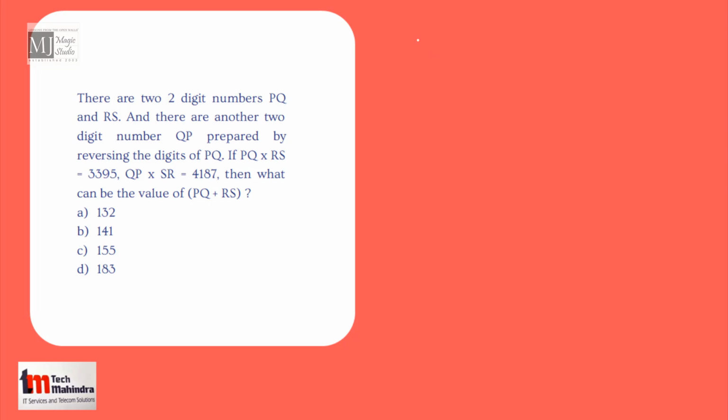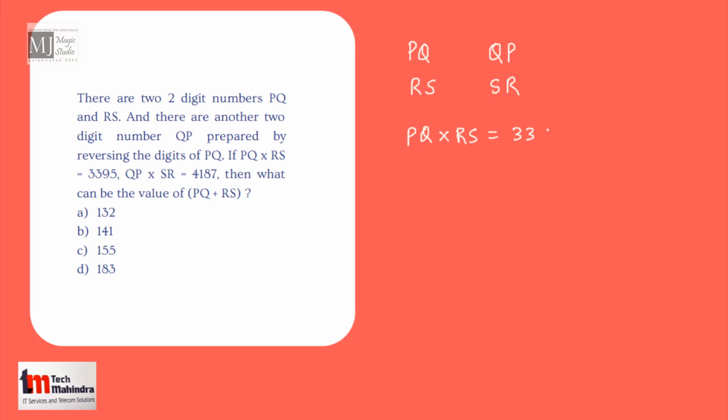There are two-digit numbers, PQ and RS. Okay, we have PQ and we have RS. And there are other two-digit numbers, QP and SR, which have been prepared by reversing these digits. So we have these two numbers which are prepared by just reversing their digit positions.